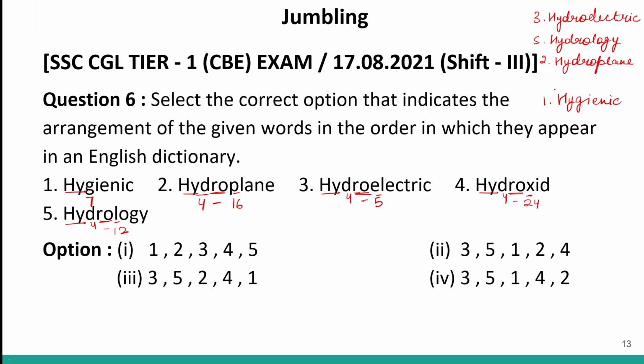And the word after that will be hydroxide. So the correct sequence will be 35241, and this is given in option number 3. So option number 3 will be your correct answer.